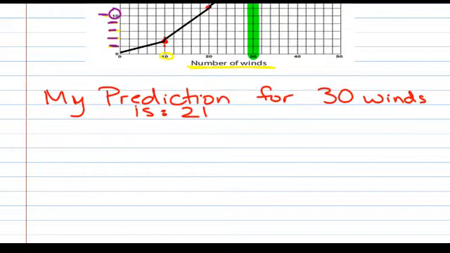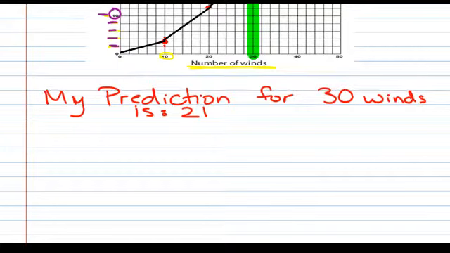If you don't get your prediction, that's fine. But the reality is, once you take the classroom average, you're going to find the average is very close to the real answer. Now, 21 is not the answer. This is just example data. You're going to use the data that you collect from the class and see what you come up with.